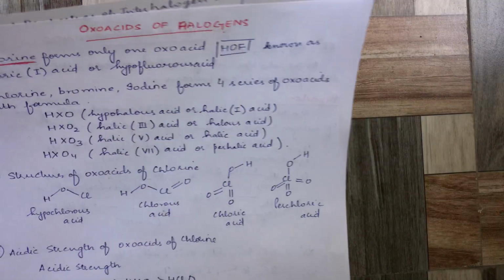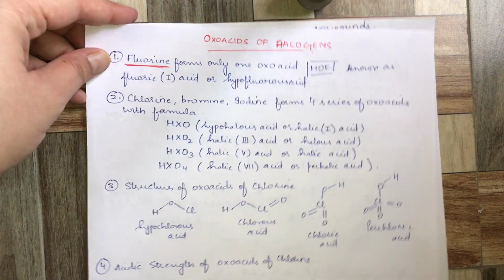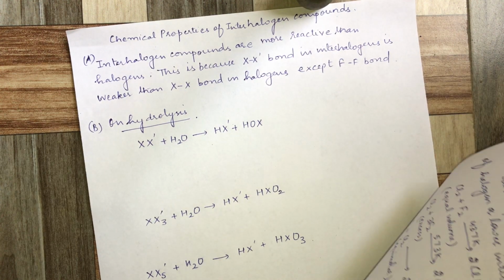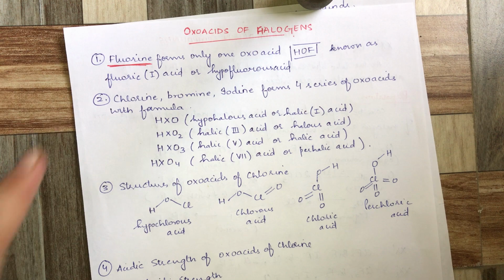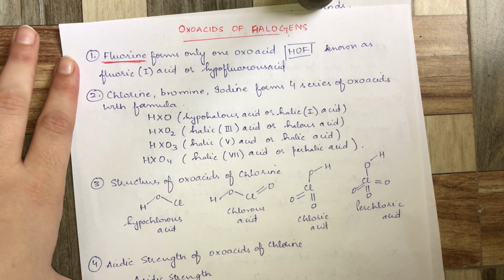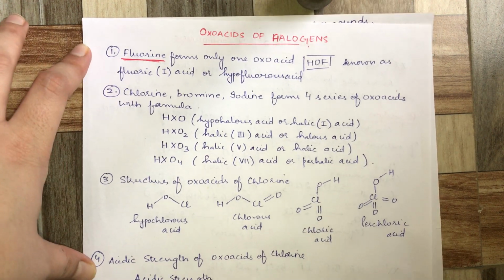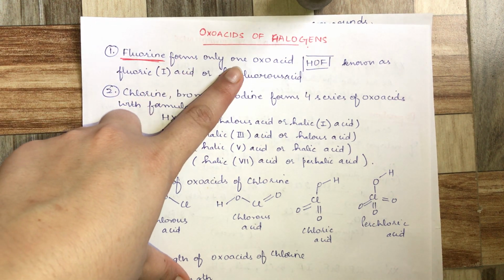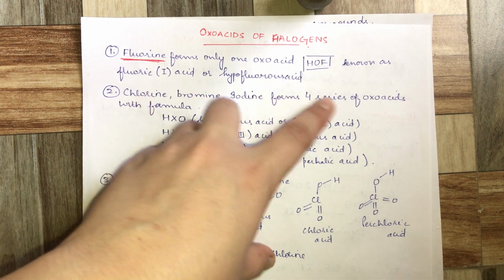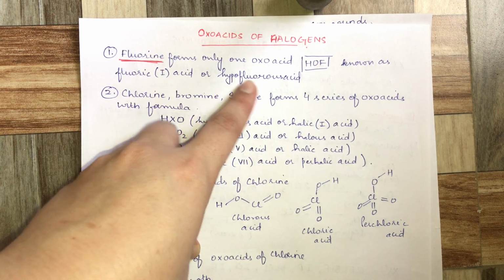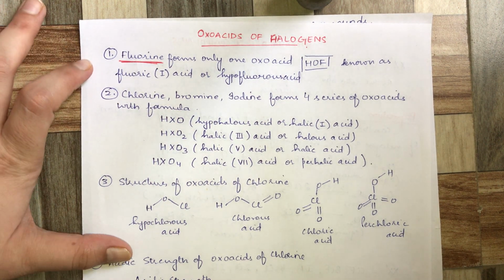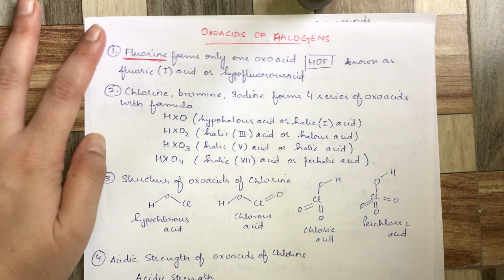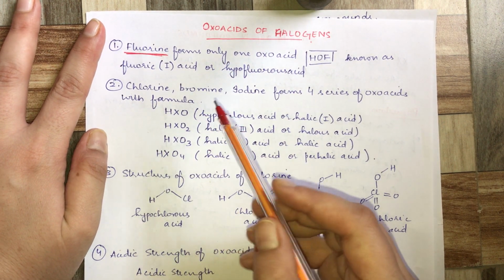Next, we talk about the oxo acids of halogens. Like we had done oxo acids of sulfur, where H2SO4, H2SO3, H2SO5 were discussed, now we talk about oxo acids of halogens. Fluorine forms only one oxo acid, that is HOF, known as hypofluorous acid, in which fluorine has +1 oxidation state.